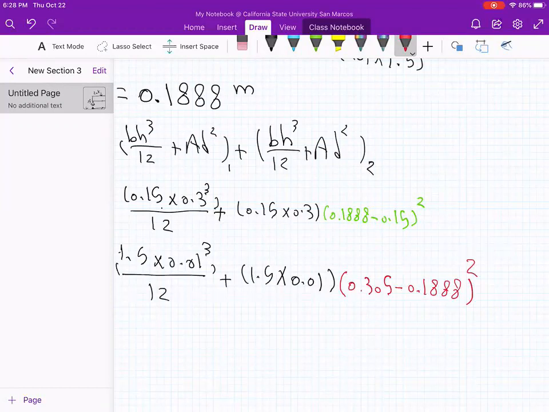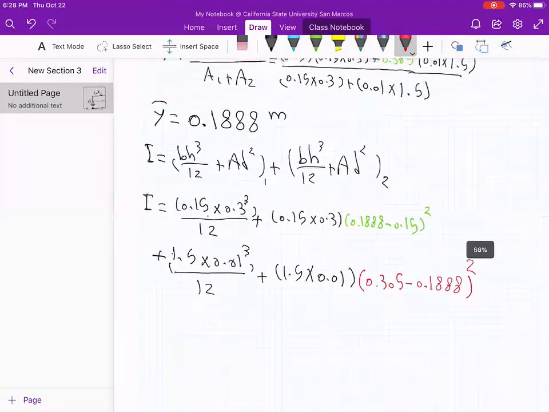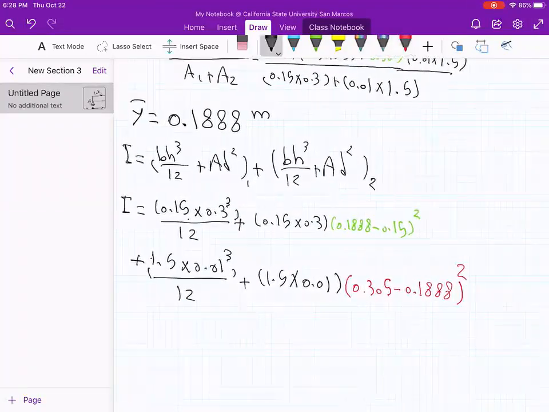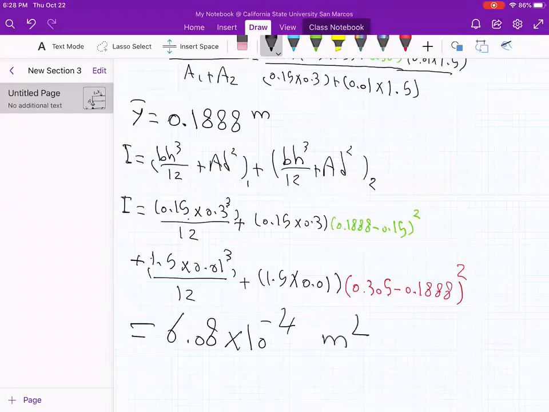The section is in the book, chapter 4, maybe 4.4, I think. Now let's see the answer. The answer would be 6.08 times 10 to the negative 4 meter to the 4.